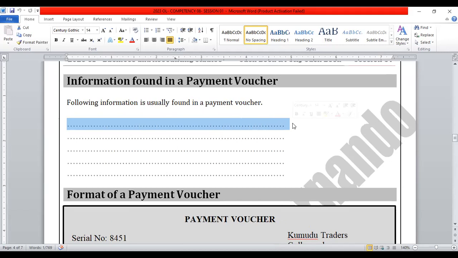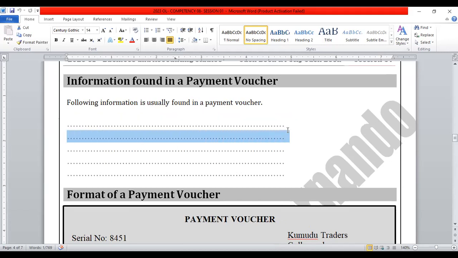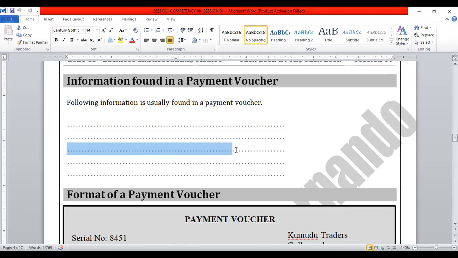Second, voucher number. Third, date of the payment.